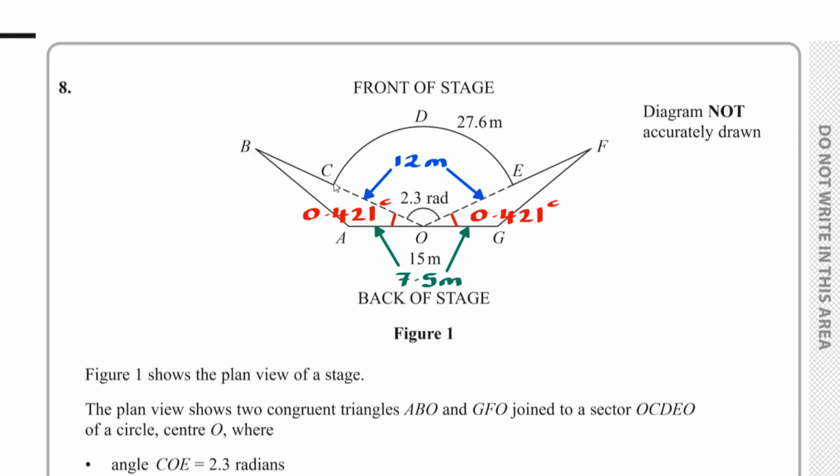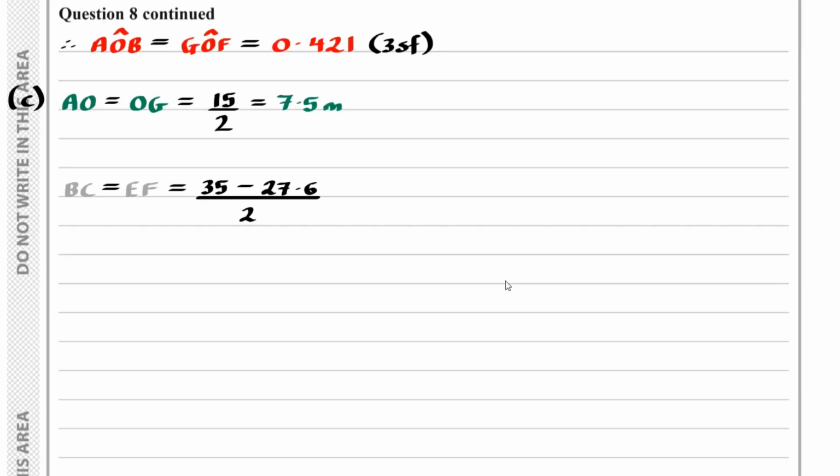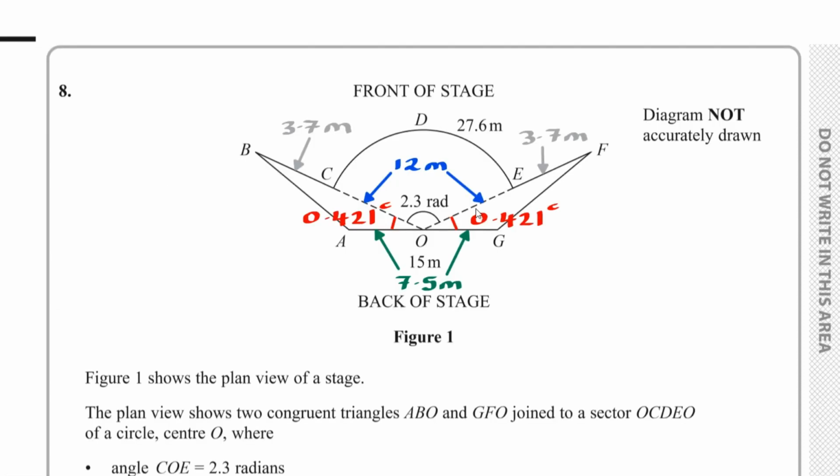We also know that BC is equal to EF, and we know that BC plus DE plus EF is 35 meters. So with this we can find out what BC is and what EF is. So we have 35 subtract 27.6 over 2, which is equal to 3.7.